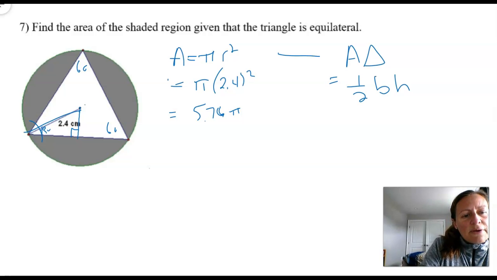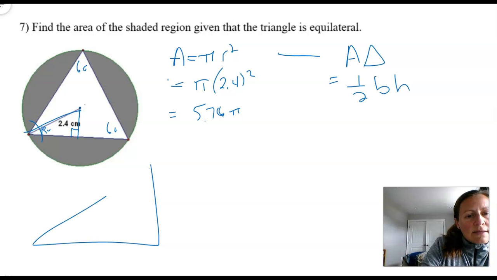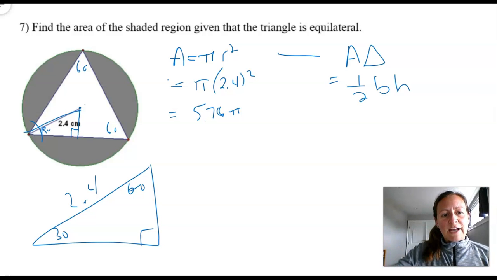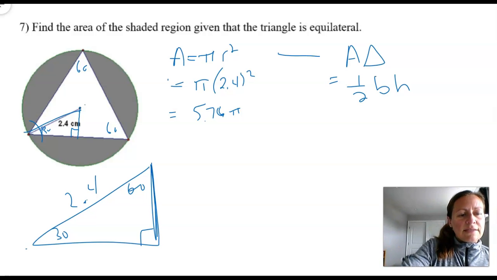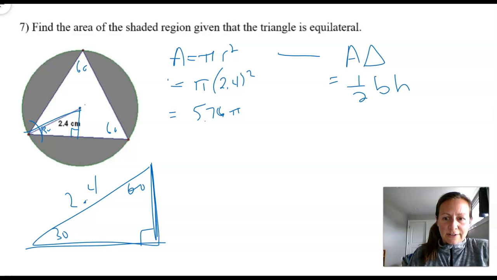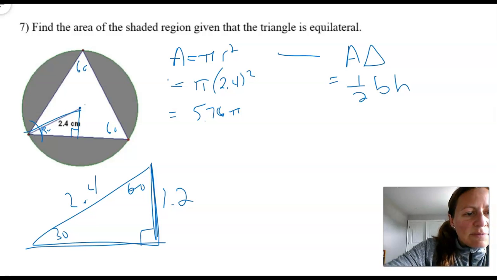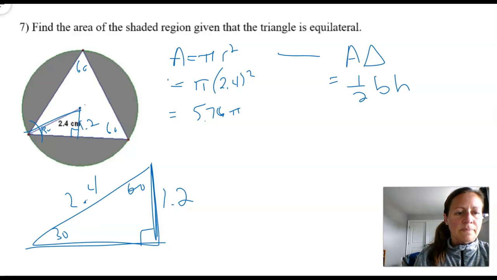So this is now a 30, 60, 90 triangle with 2.4 as the hypotenuse. I can now find this segment and this segment. Starting from the hypotenuse, the easiest thing to find is the short leg. It's half of the hypotenuse. That would be 1.2. So this little segment here is 1.2.